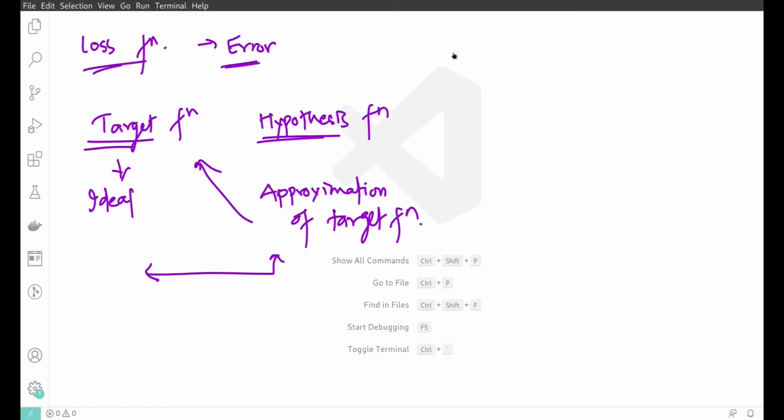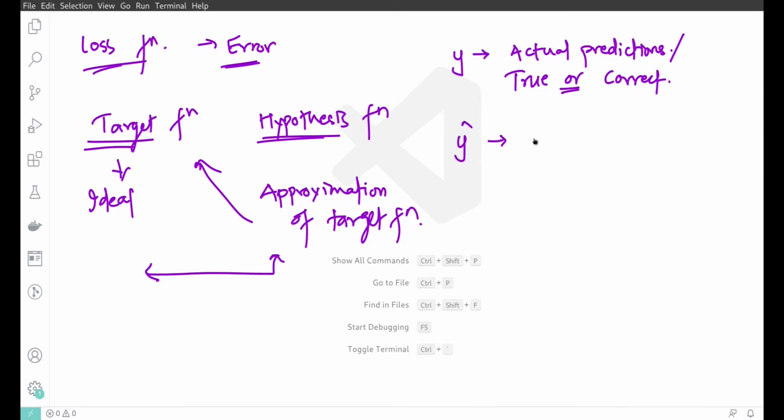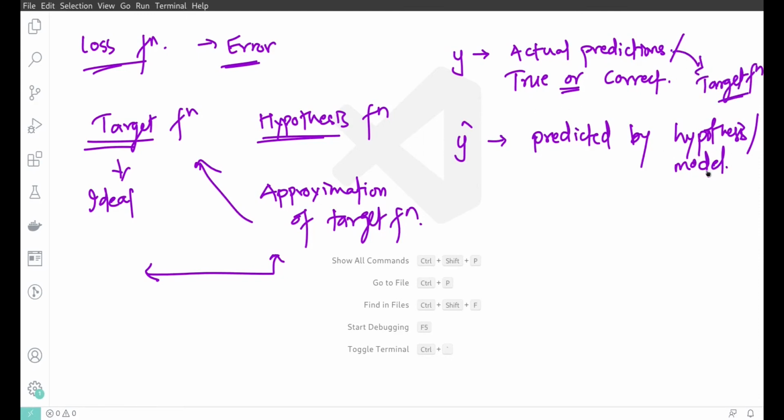Suppose let us call y the actual predictions, as in they are true or correct, and there is y hat. These are just predicted by the hypothesis or model. We can say that these are predicted by the target function and these are predicted by the hypothesis function. So we try to find out the difference between y and y hat.